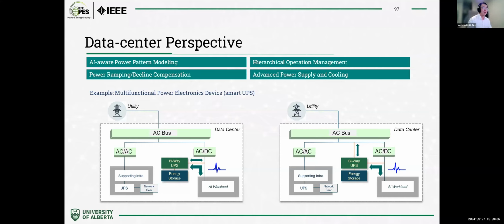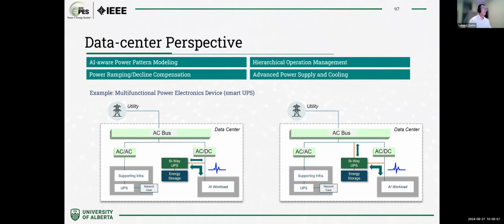We try to describe it mathematically, but we know it's just a very general term. We need to do more on that. We need to have a model as accurate as possible, and also consider different time scales of AI behavior. We probably want to do this with hierarchical operation management.